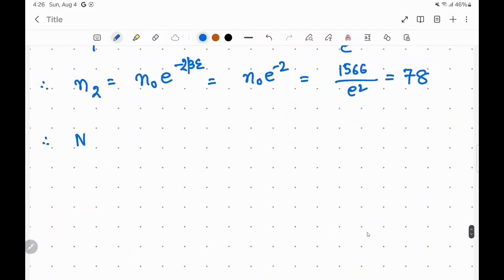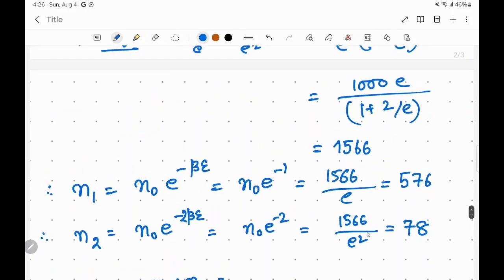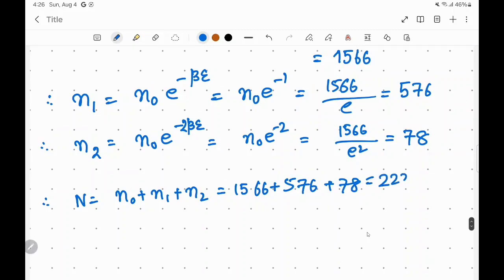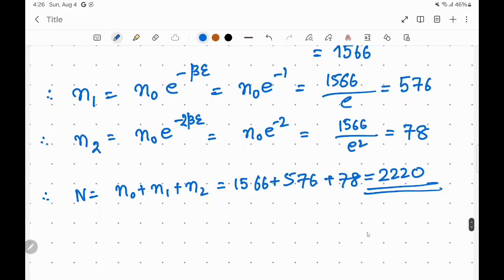So the total number N will obviously be n0 plus n1 plus n2, which is 1566 plus 576 plus 78. So 2220. Last time the answer was different, that's why I felt something may be wrong and decided to do it again. So this will be the total number of molecules.